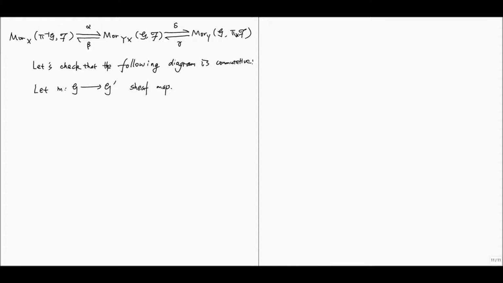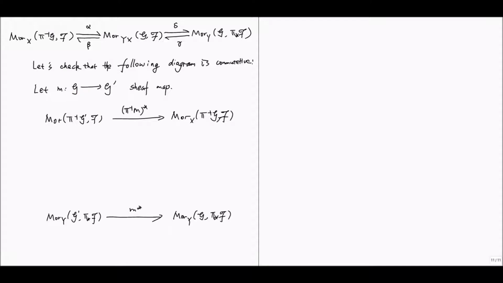Let M from G to G prime be a sheaf map, a natural transformation between functors. We want to verify that these 4 objects give us a commutative diagram. Of course, we need the help of this object and those 4 maps.